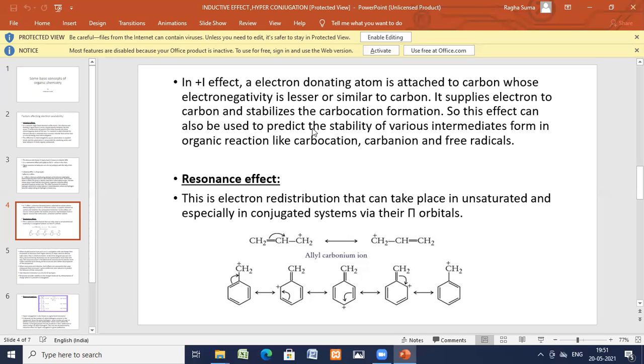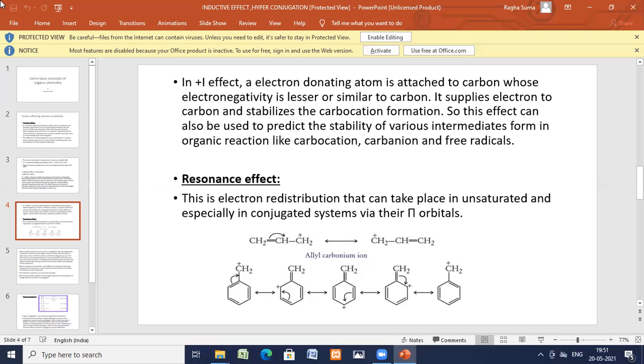These inductive effects were decided by taking the hydrogen atom in R3CH as the standard. When an atom or a group replaces hydrogen from R3CH and decreases the electron density, that is the minus I effect.